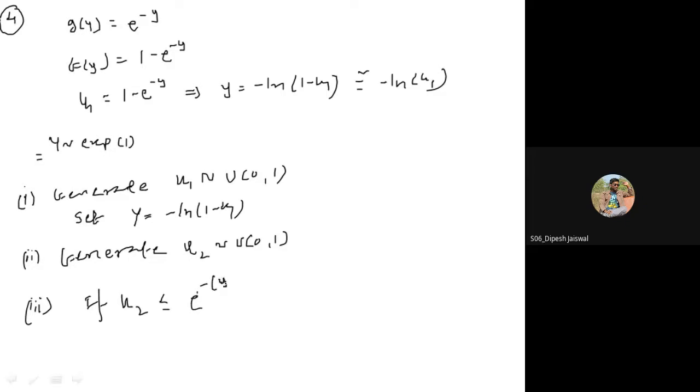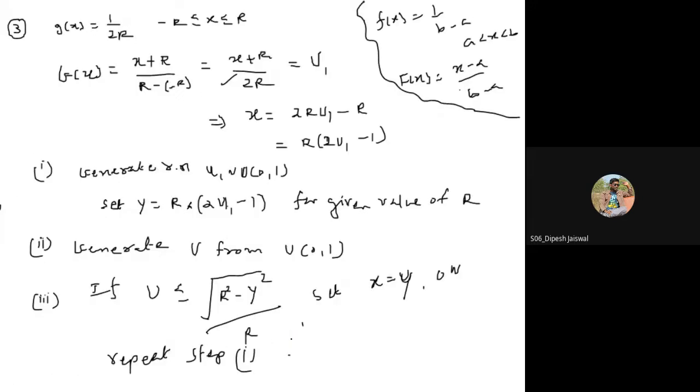It is e raised to minus y minus 1 whole square divided by 2. Okay, so if this is the case, then set x equal to y, else repeat step 1. ओके, ऊपर भी हमने x इक्वल टू y लिखा.